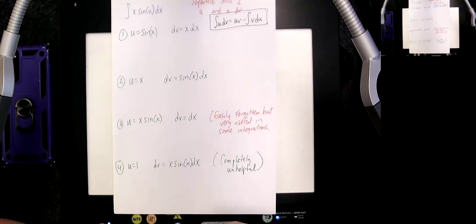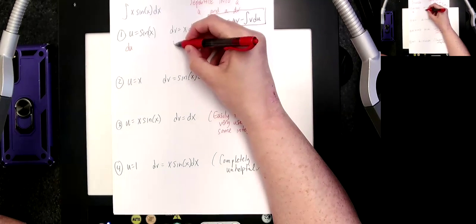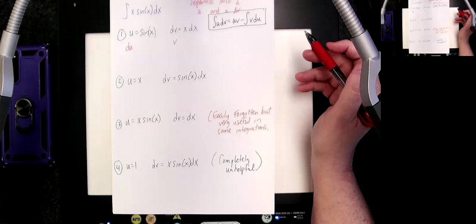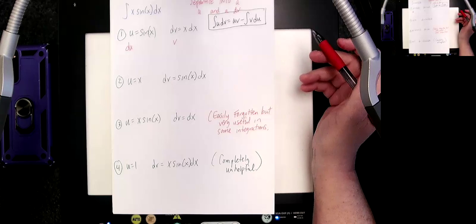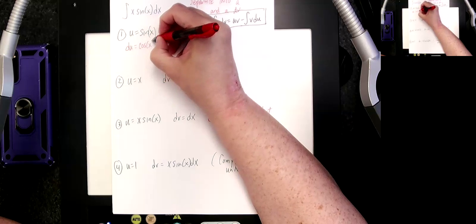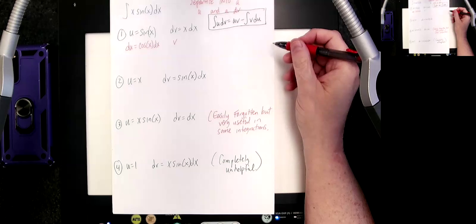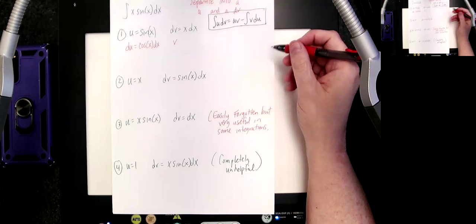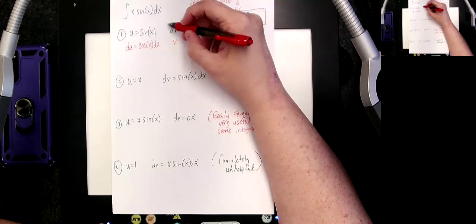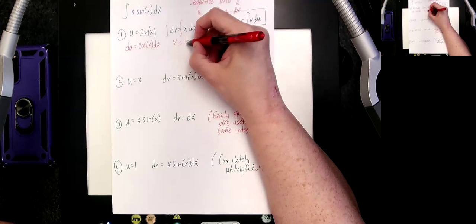It looks like I need a du and I need a v. I can get du from u by taking the derivative, right? So du is going to be cosine x dx. We find v by integrating dv. So v is going to equal 1/2 x squared.